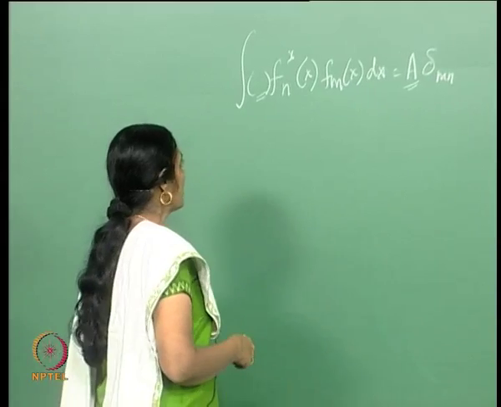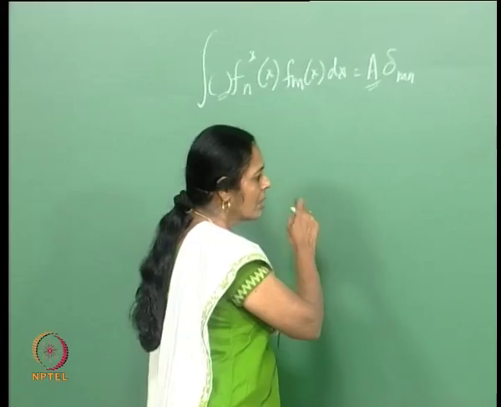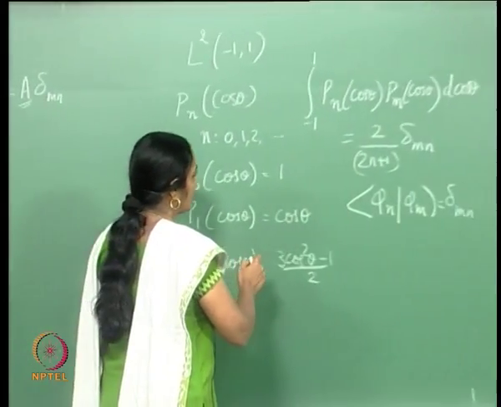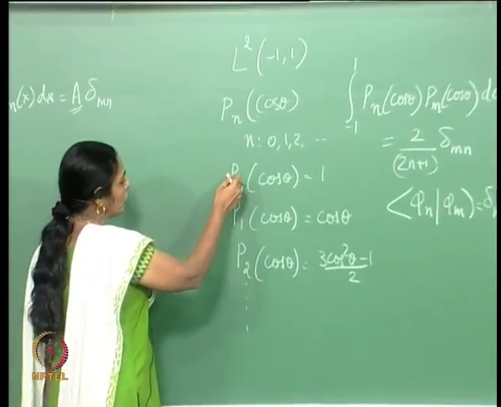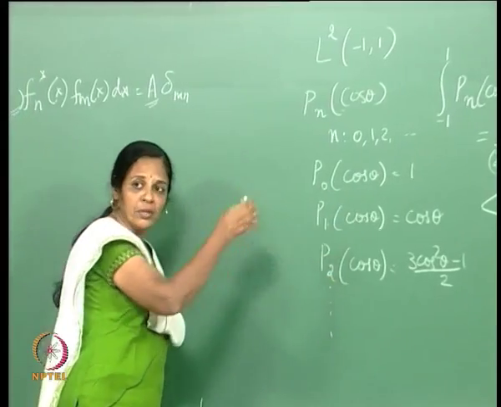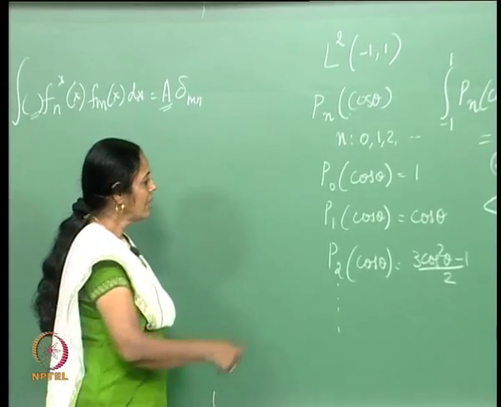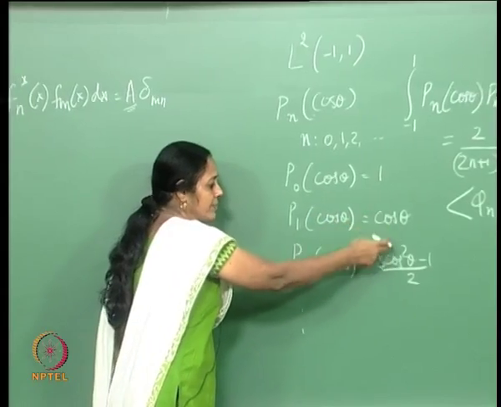Apart from this, I also have a completeness relation, but before we put that down, look at the following. n is a discrete index, so there is a denumerable infinity of basis states in this separable Hilbert space, but each basis state is a function.